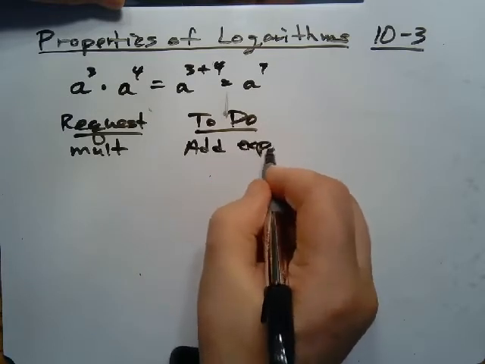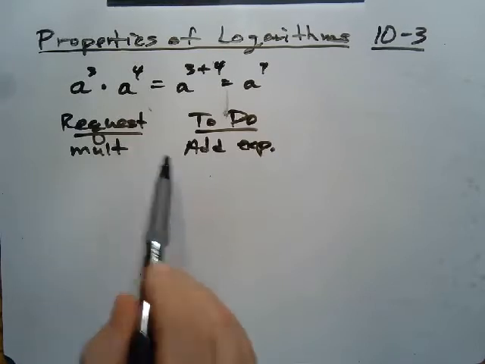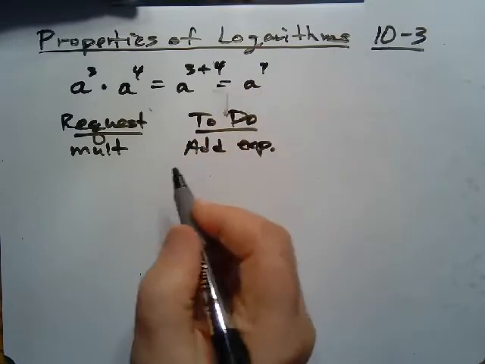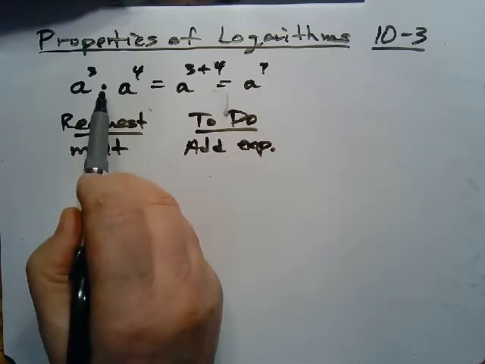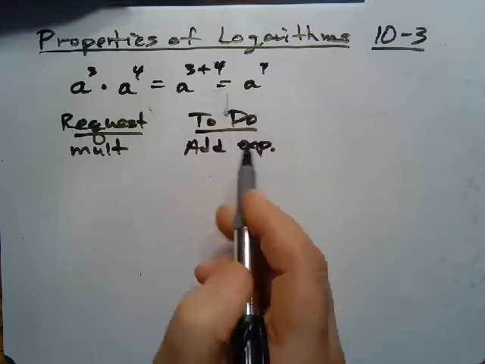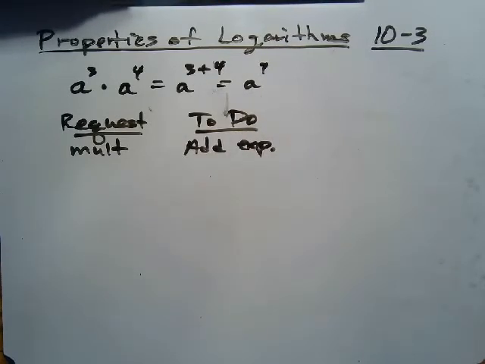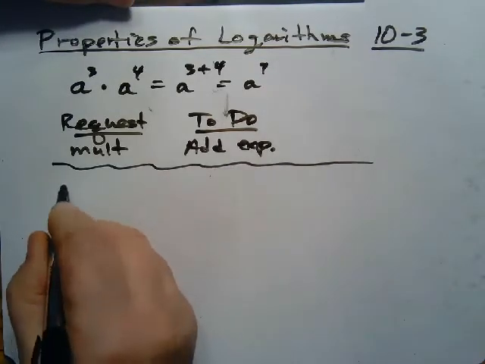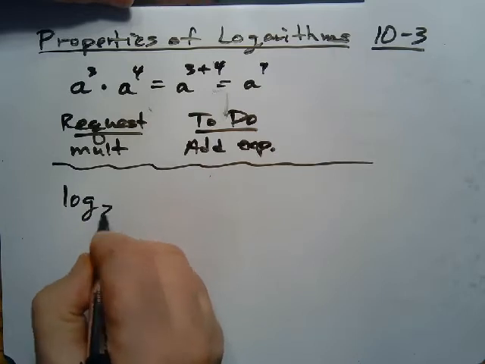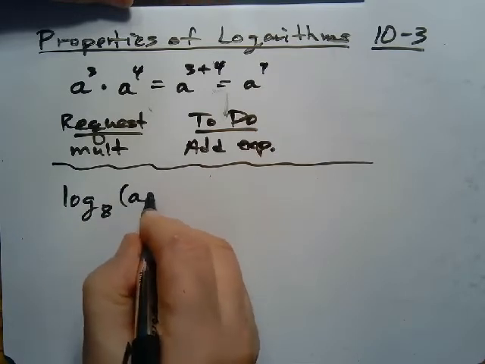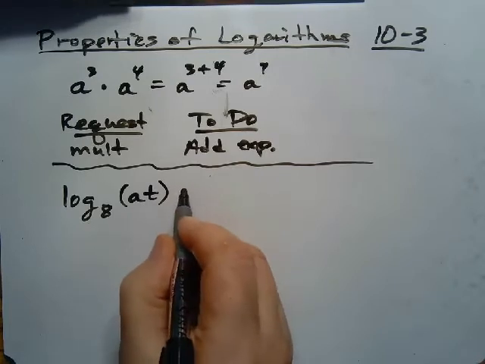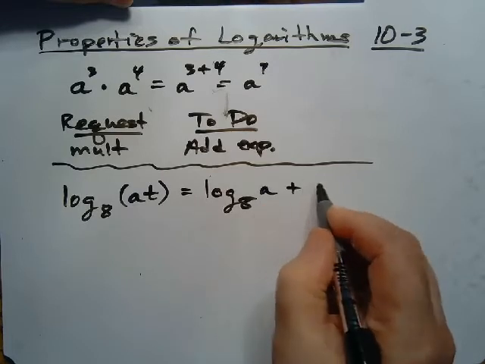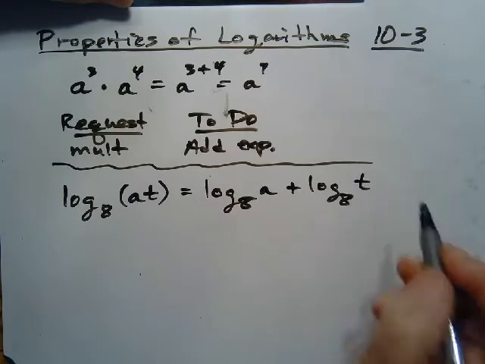Now remember, we said this was odd, that we were asked to do one thing and we find ourselves doing something different. Well, the same thing applies in the logarithm world. Here's what it looks like. If I had, let's say, the log base 8 of a times t, that would be equal to the log base 8 of a plus the log base 8 of t.